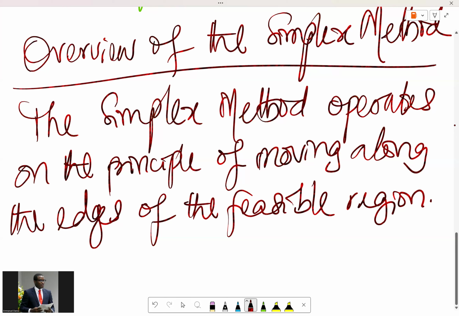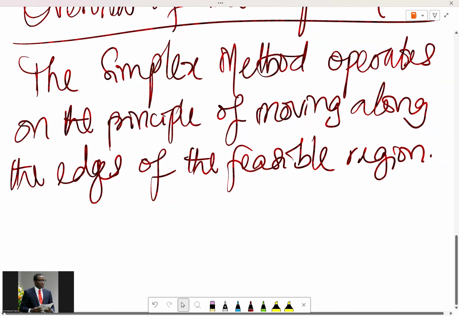Once you plot all the lines and shade the required regions, you check the corner points to see which of them is a minimum or maximum, depending on what you're looking for.